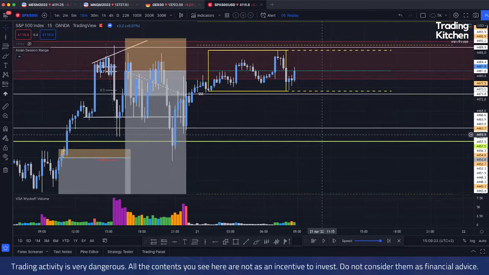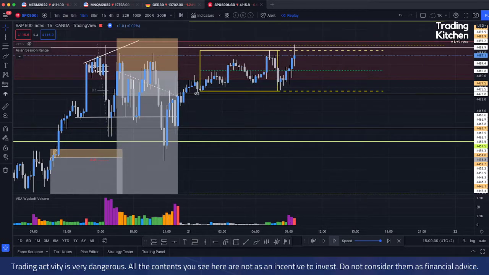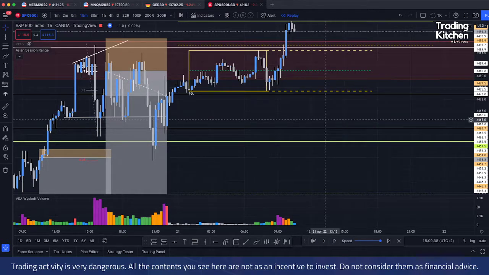Okay, so let's wait for the price to make another candlestick pattern, liquidity pattern, sorry. Okay. Well, nothing to do.